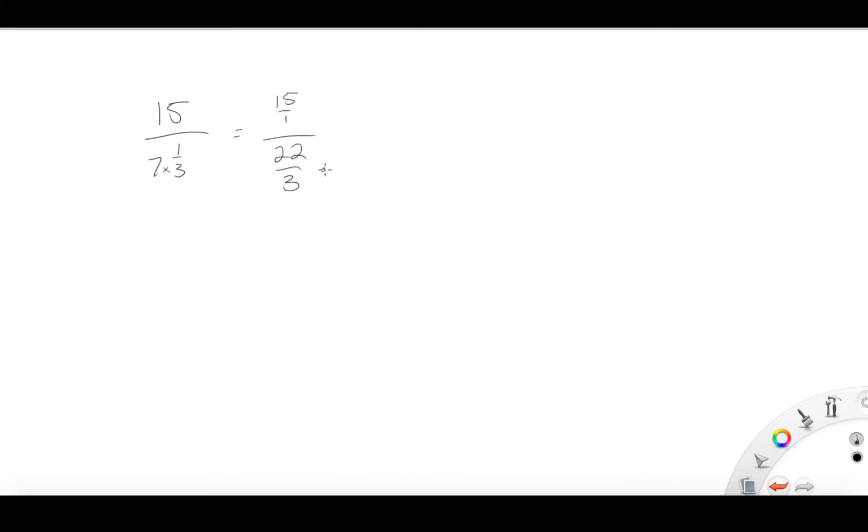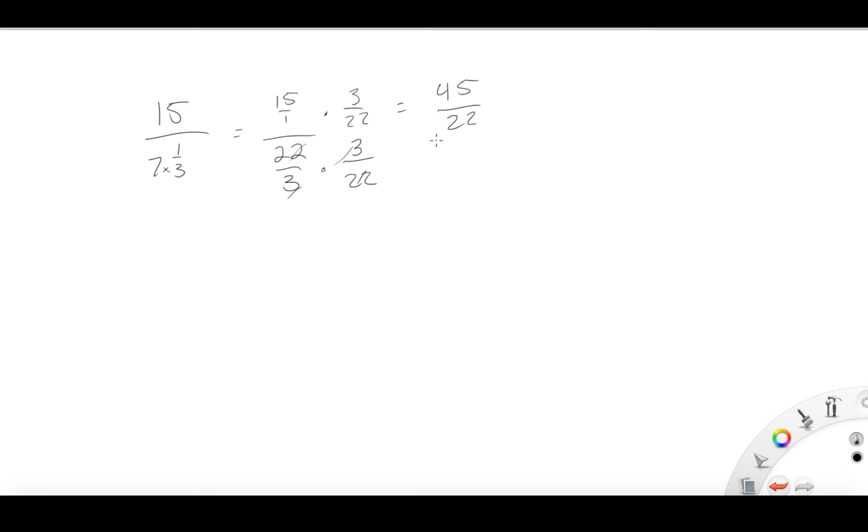So we're going to do the reciprocal here. This all cancels out, and we do the same thing up here, and we're left with 45 over 22, because 15 times 3 is 45.